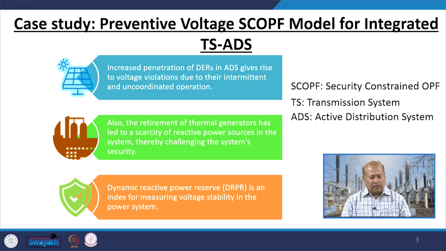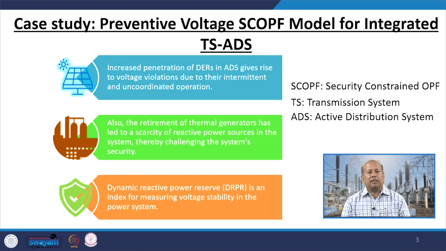Also, the retirement of thermal generators has led to a scarcity of reactive power sources in the system, thereby challenging system security. We are slowly eliminating thermal power plants, and because they no longer exist, the synchronous machines that used to generate reactive power and provide it to the grid have also become scarce. Scarcity means limited reactive power is now available due to the unavailability of thermal power plants.